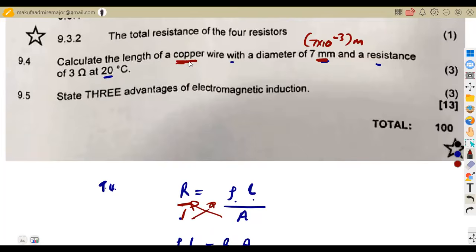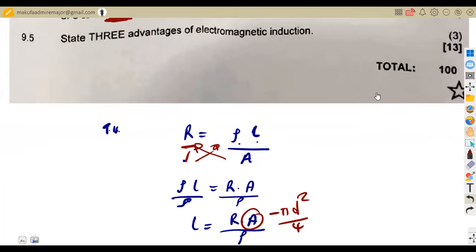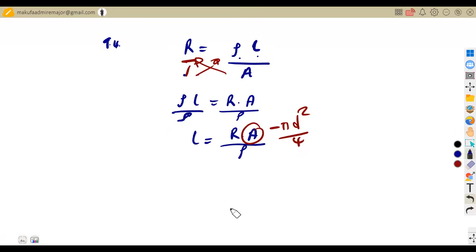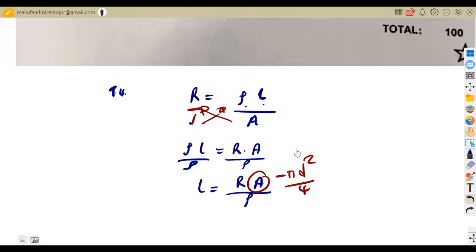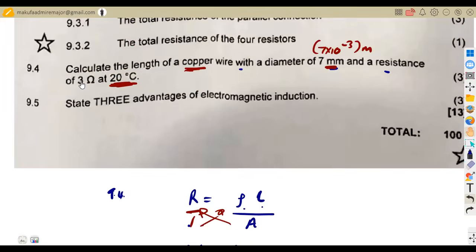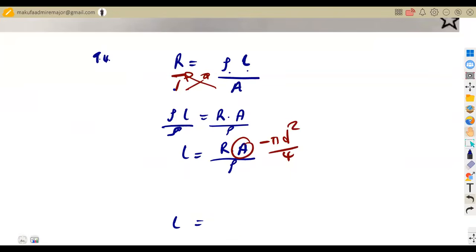We can just substitute the resistivity of copper. If you check from the information sheet, they gave us the resistivity of copper at 20 degrees Celsius, so that is the one you simply substitute. Our length is going to be the resistance of 3 ohms times the area.